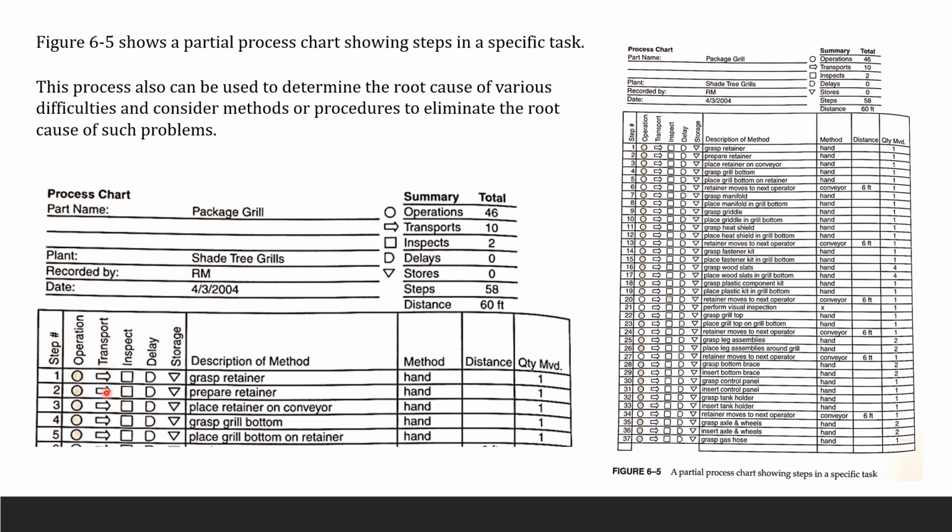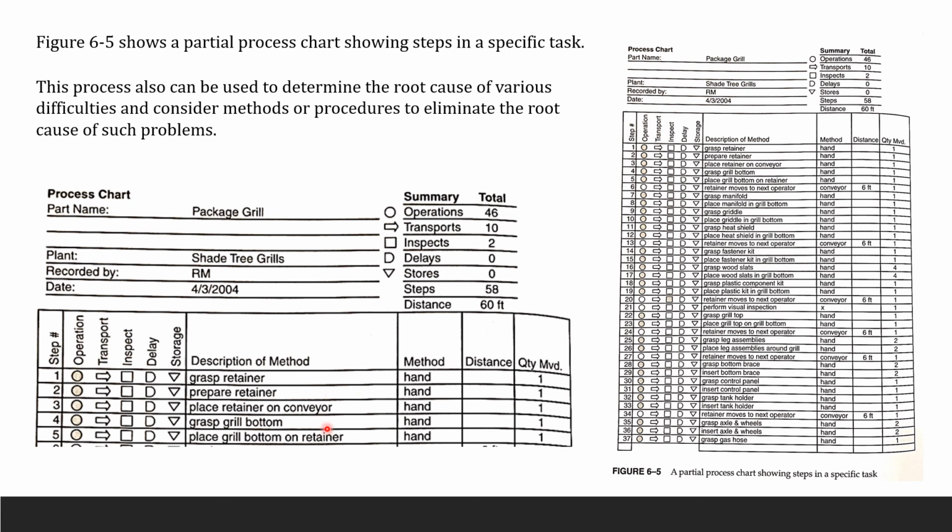Here we have operation, transportation, inspection, delay, and storage. This is your description of method: grasp the retainer, prepare the retainer, place the retainer on the conveyor, grasp the grid bottom, and then place the grid bottom on the retainer. That's your description of your method.